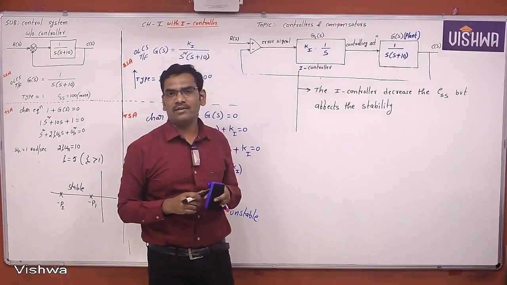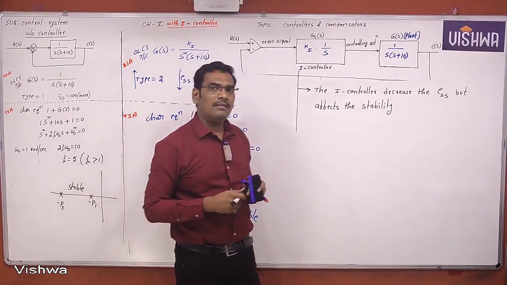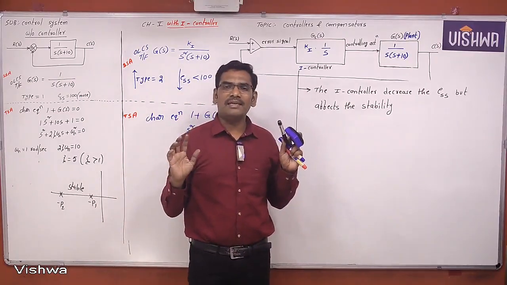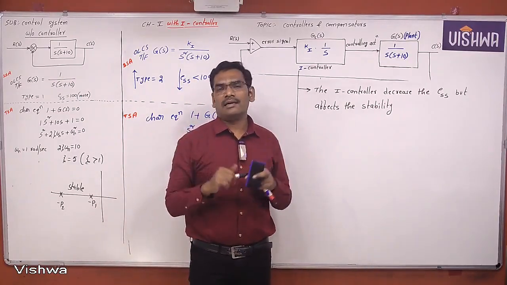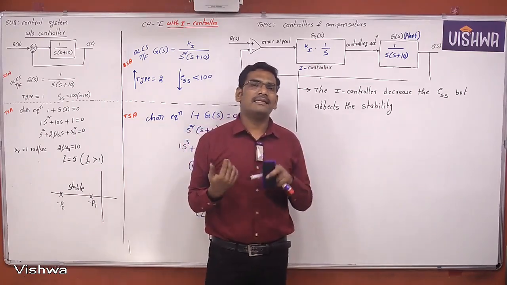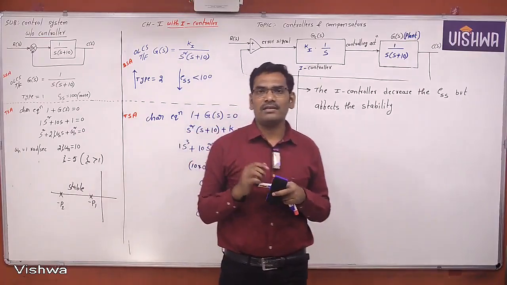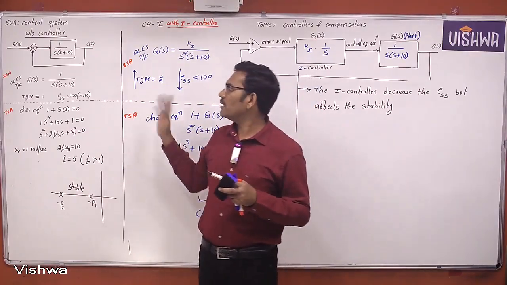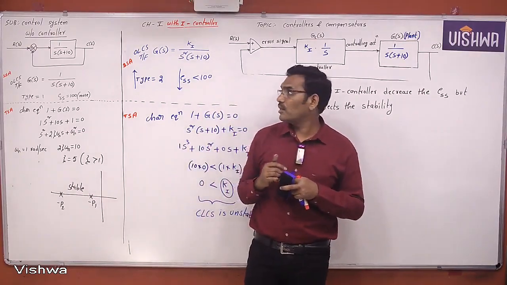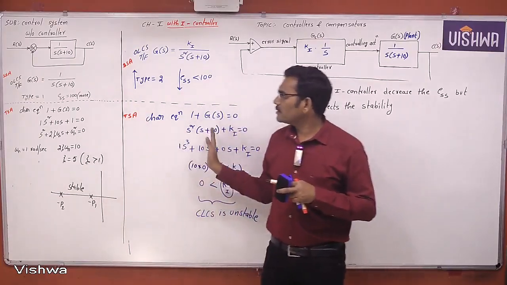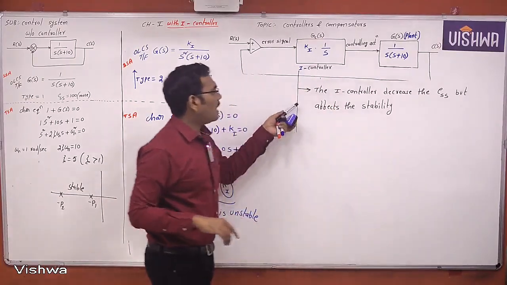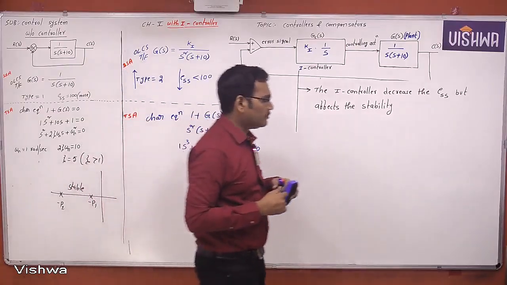Then there is no net use of the I controller. But if anybody says, sir, I am not interested in the stability, I am interested only in the error, then you suggest the integral controller for them, though practically we do not use that type of concept. Now this is without controller, this is with controller, and this is the I controller's job. Okay, note down.